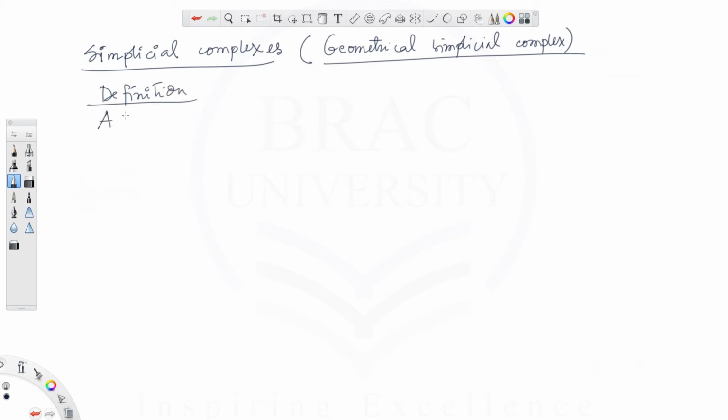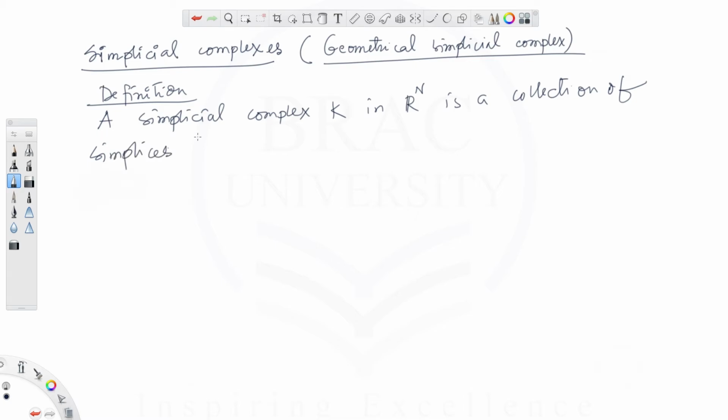A simplicial complex K in R^d is a collection of simplices in R^d such that the following hold.